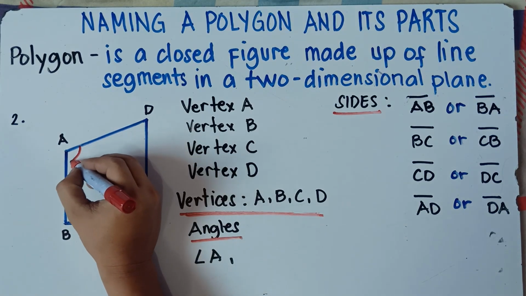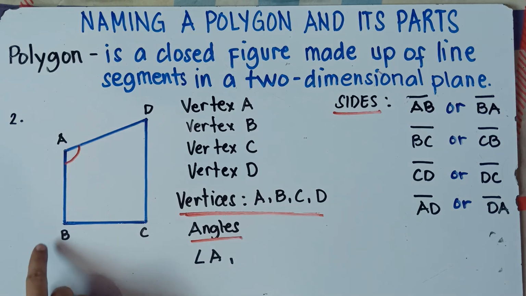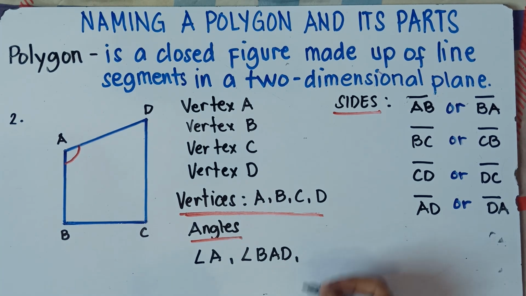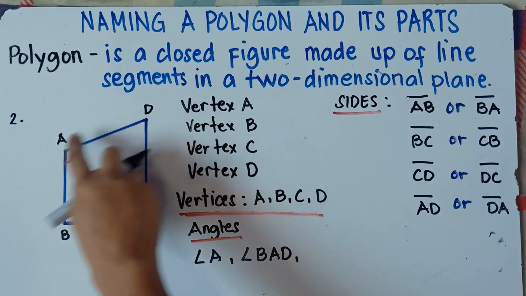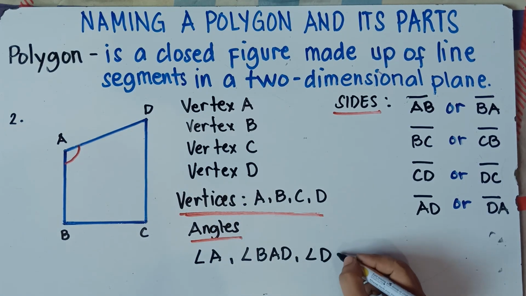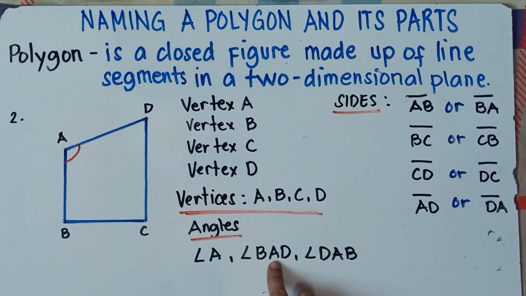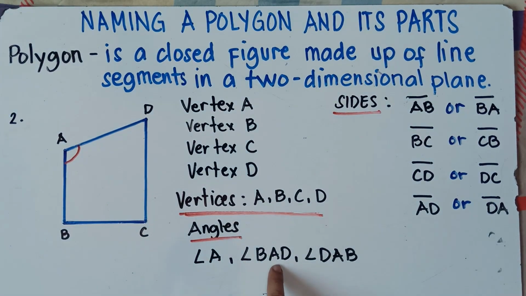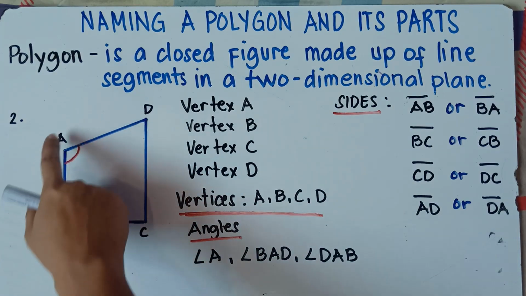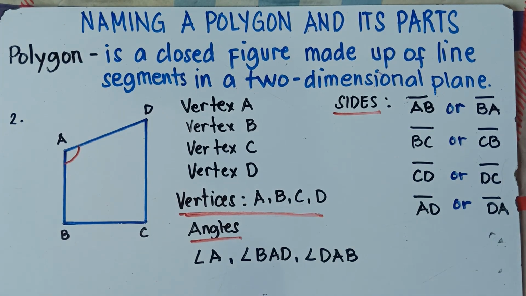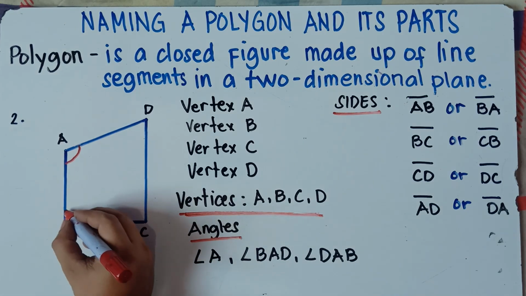We can also read this one as angle BAD, or angle DAB. Just make sure that vertex A is the center part of these vertices. So BAD or DAB.